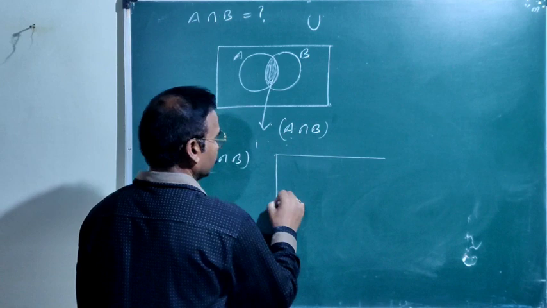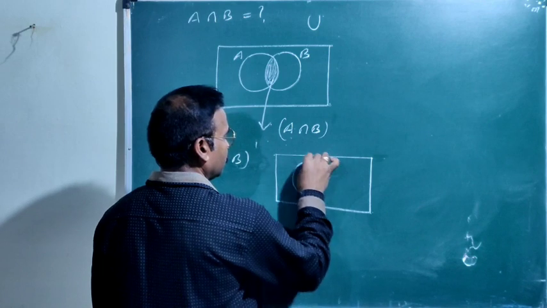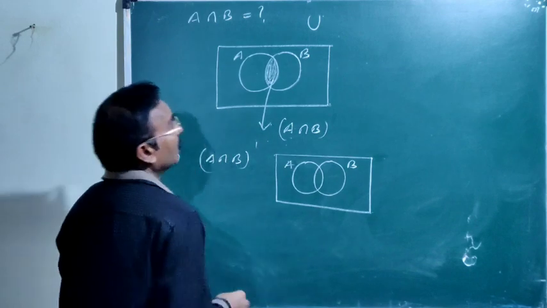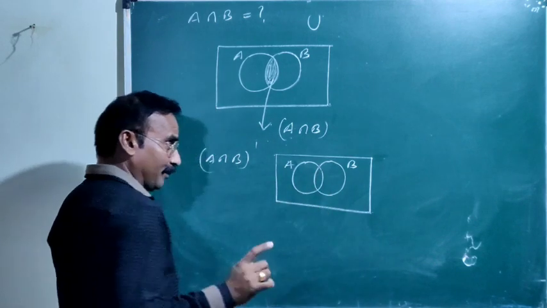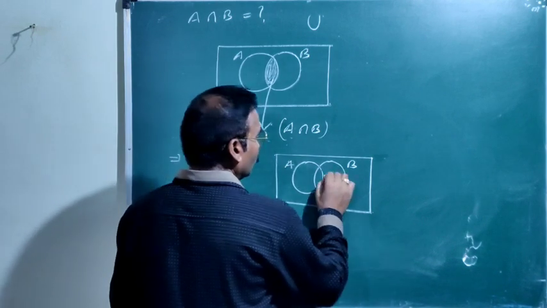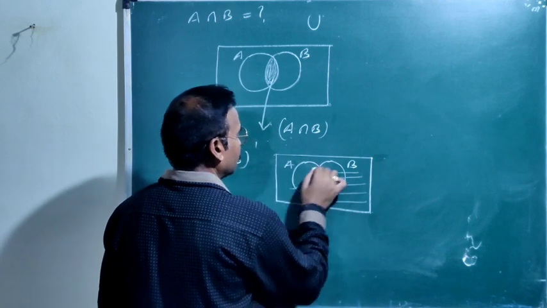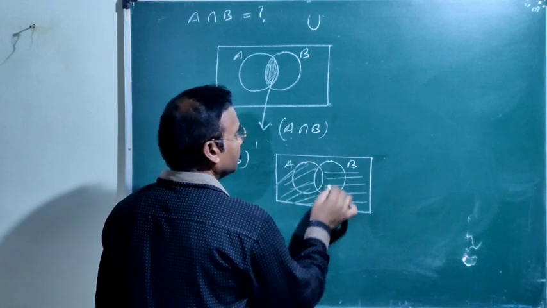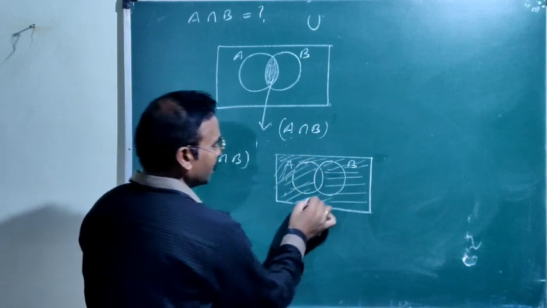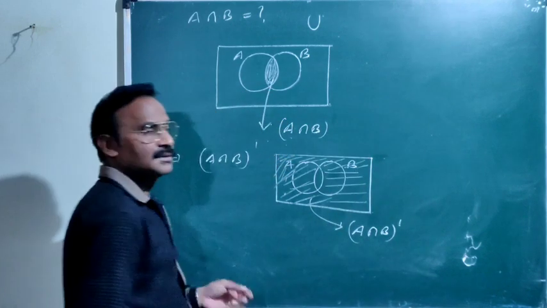Again, these are two sets, A and B. Since this is the common part and you have to leave the common part of the two sets, this area is called A intersection B complement.